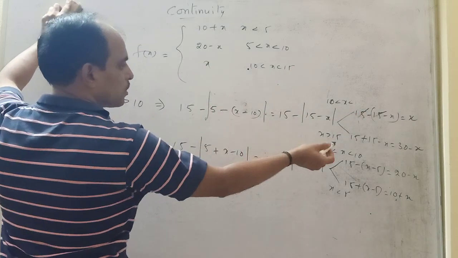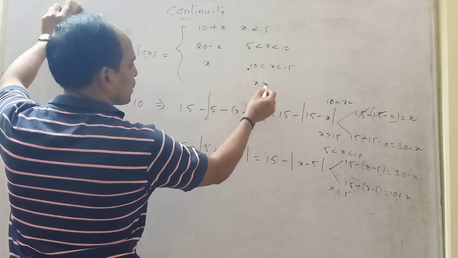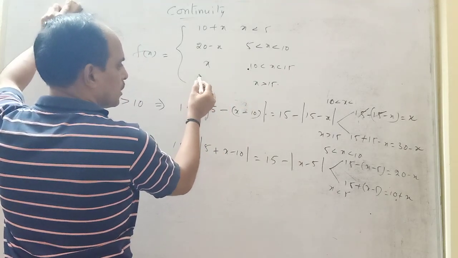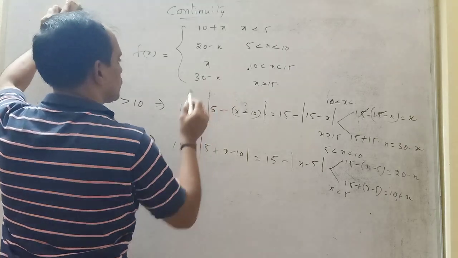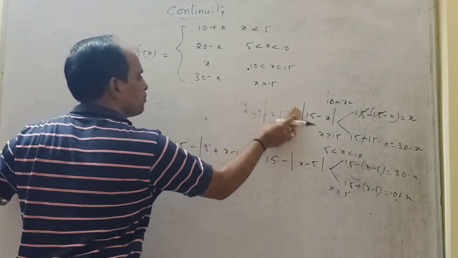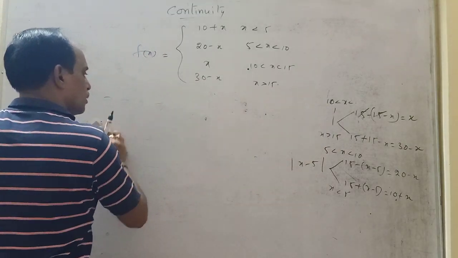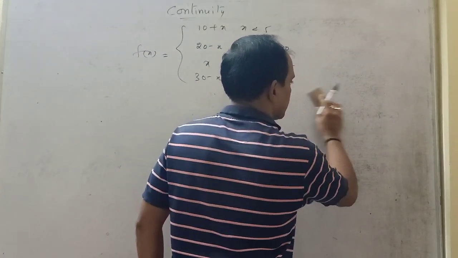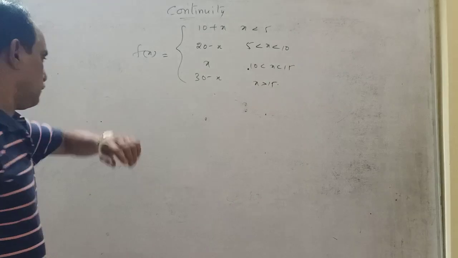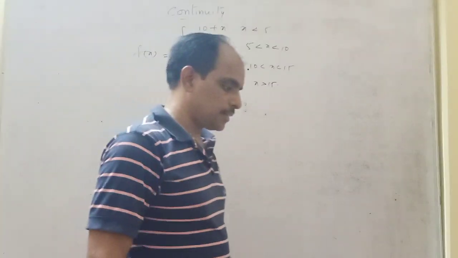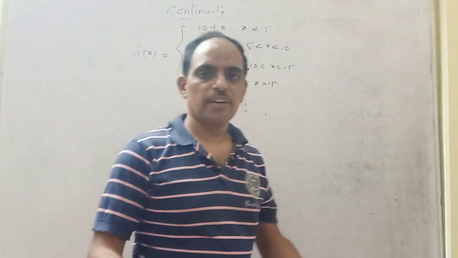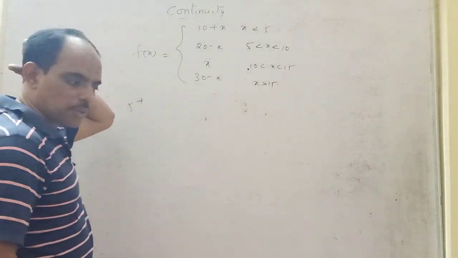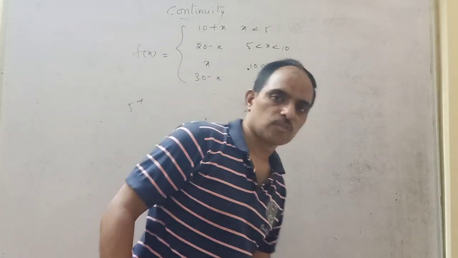And the fourth one, x greater than 15, is 30 - x. Now the function is defined like this. Now you can draw the graph, or you can find 5 plus and 5 minus, 10 plus and 10 minus, you can do it like that.